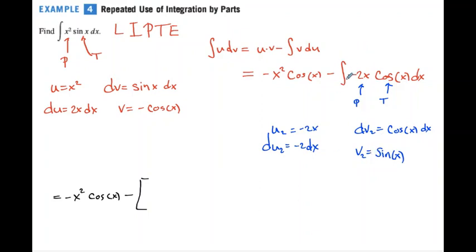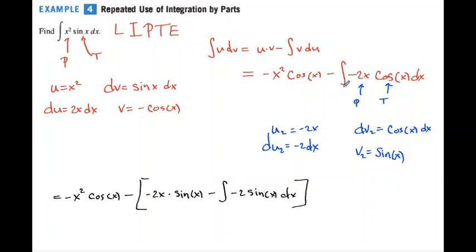So this integral is going to be substituted by the integration by parts result. So u times v gives me negative 2x sine of x. Minus the antiderivative, and now we want v du, so it's negative 2 times sine of x. And then our dx. And we can close our bracket.